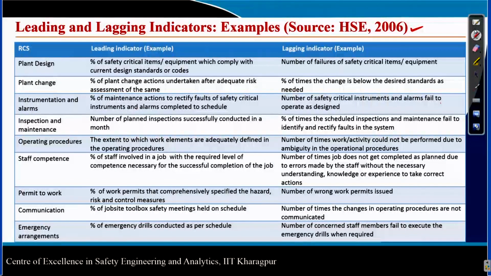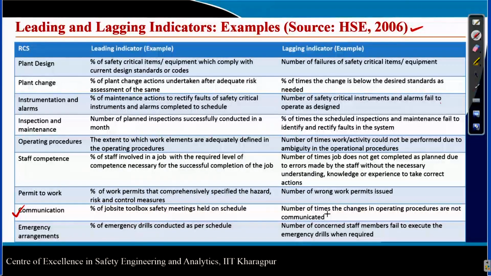Similarly for others, I can talk about another one, communication. The rest you please go through and understand. Suppose communication: percentage of job site toolbox safety meetings held on schedule. The number of times the changes in operating procedure are not communicated. This is the lagging indicator.